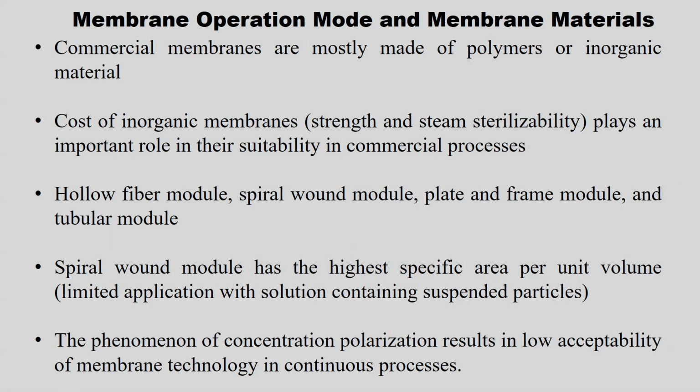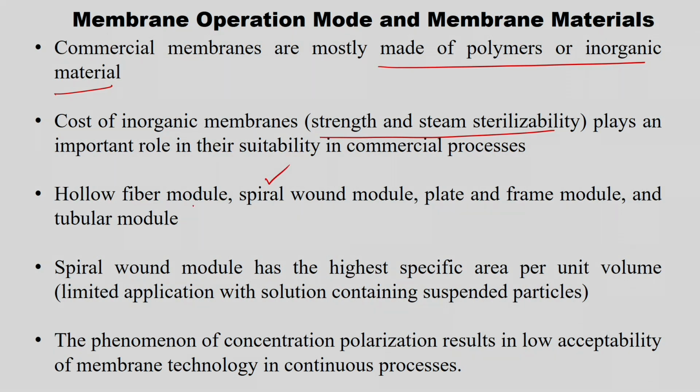So, the most common membranes used are polymers or inorganic materials. The cost of inorganic materials is very high compared to polymeric materials due to their strength as well as the steam sterilability. And there are different modules with which the membrane separation process can be operated.